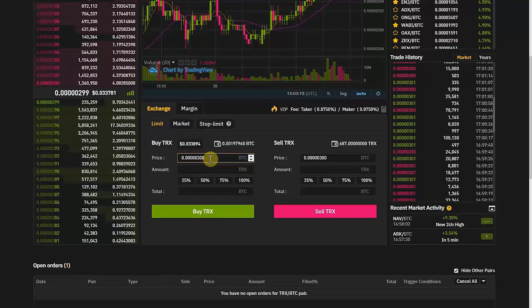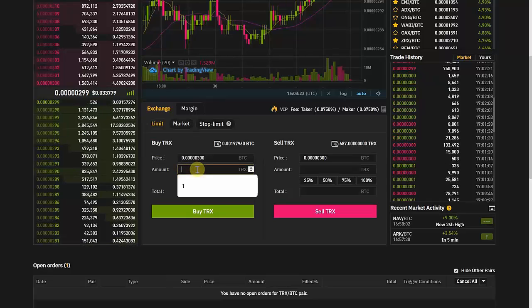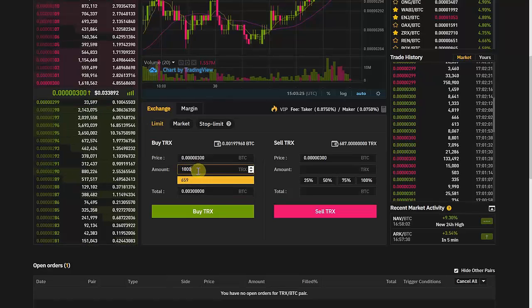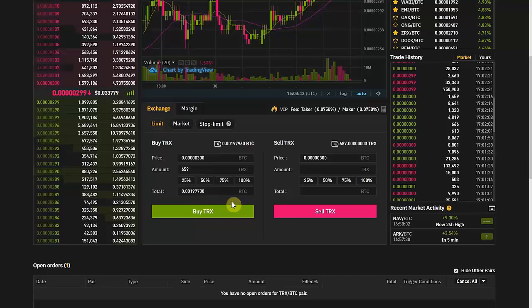This is the price at which you want to buy and how many TRX you want to buy. I don't have enough BTC to buy 1,000 TRX, but you can also use the percentages. So let's say I wanted to buy 100% of all my BTC holdings, which are here. You just click 100% and you buy at 300.